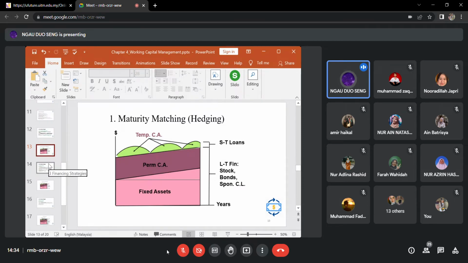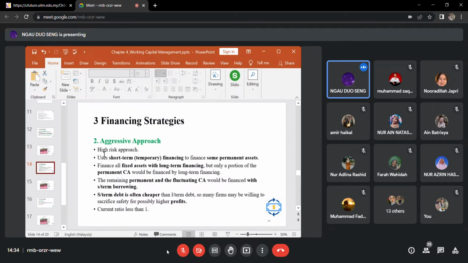All right, next we have the aggressive approach. This is a high risk approach. It uses short-term or temporary financing to finance some permanent asset, right? It finances all fixed asset with long-term financing, but only a portion of the permanent current asset will be financed by long-term financing.